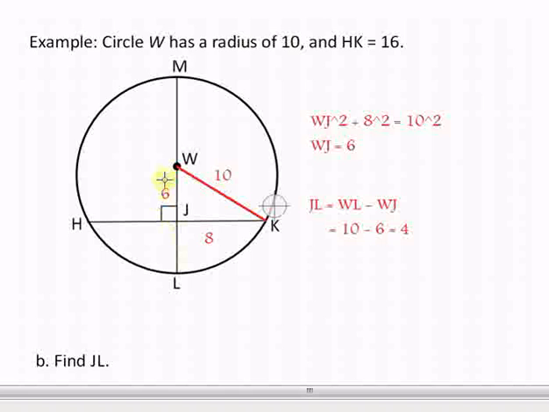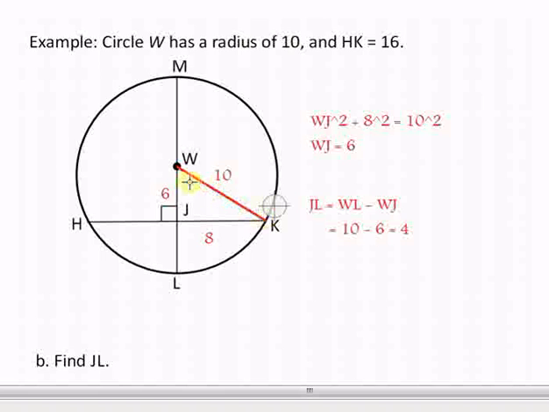What we do know is that our diameter is perpendicular to the chord, and therefore we have this right angle, and we know that we bisect the chord HK. They tell us HK is 16, and therefore we know that JK is 8. Now, on the previous page I didn't have this radius here.